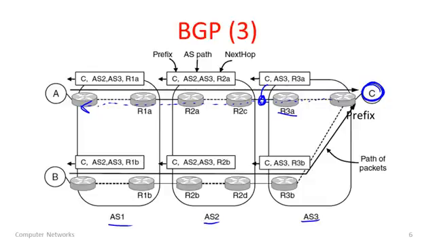As that announcement propagates further along, if we look at it over this link here, between AS1 and AS2, you can see that now the path has changed. So the path you go through now is AS2 and AS3 to get to C, and also the next hop has changed. Now to access it you go via here. And this last announcement just looks at what you would see actually in the middle here of AS1, since it can't really propagate any further out to A.